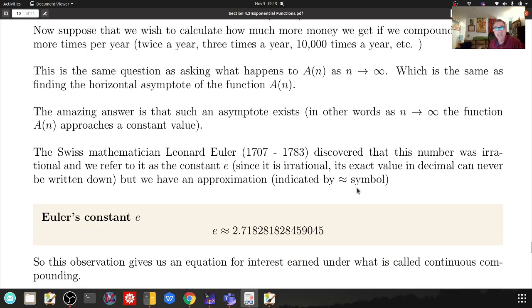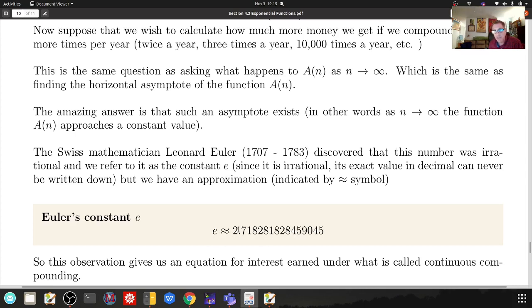Now, the amazing answer to this question is that actually a horizontal, not an oblique, but a horizontal asymptote exists. And the value of that function as n approaches infinity is y equals 2.718218828. It's Euler's constant. Now, this is just an approximation.